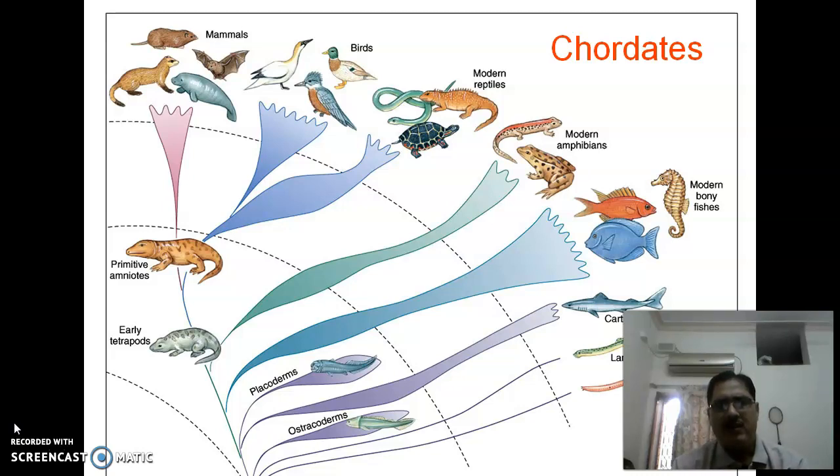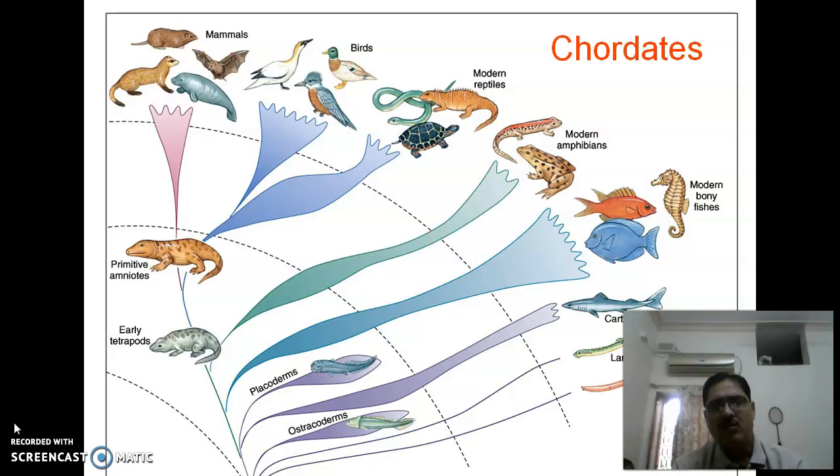If we look at this phylogeny diagram, you can see there is the development of hagfishes and lampreys, which are basically those primitive vertebrates in which jaws are absent, and they come under agnathans. The remaining are known as gnathostomes.